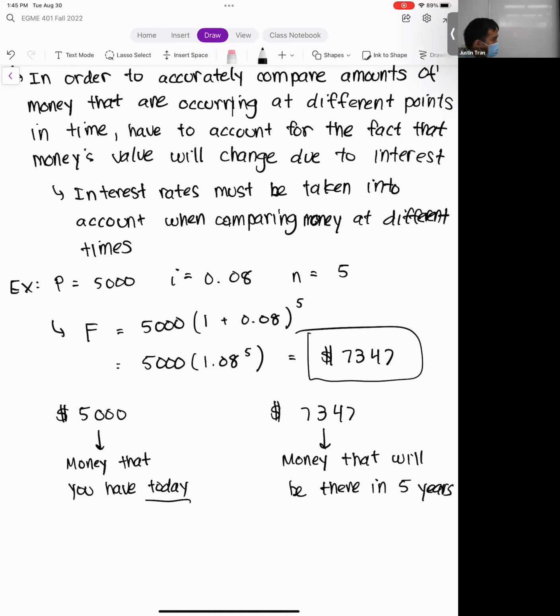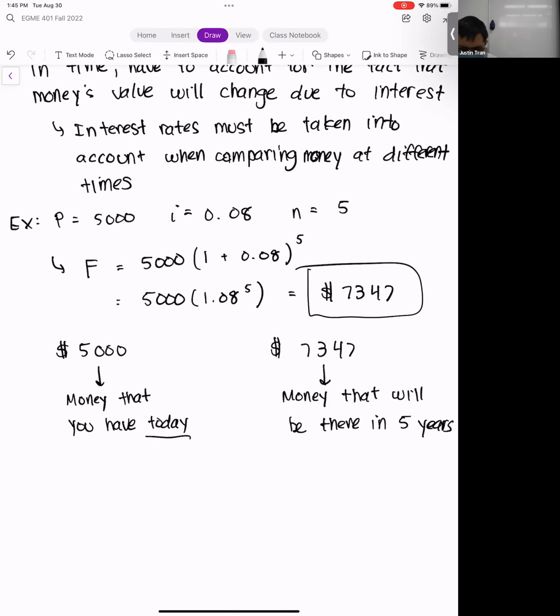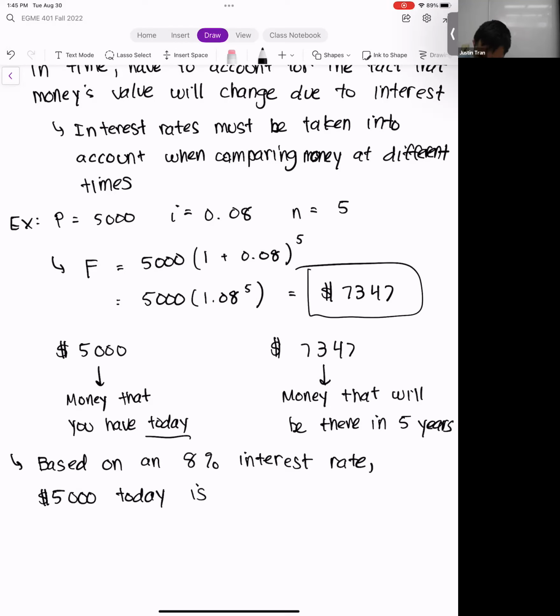And so one way that we can say this, based on the interest rates, is that based on an 8% interest rate, $5,000 today is equivalent to $7,347 5 years from now.